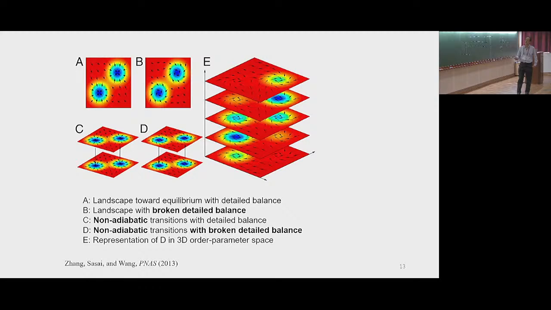The system probability flow is heading toward the free energy basin in this case, and this is a non-equilibrium system. We have the circular flux of the probability current in this non-adiabatic case. And this is the case. We have the two-state transitions for the equilibrium system and for non-equilibrium system. And this D case is our case for the gene expression system.